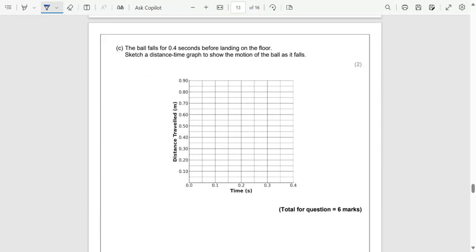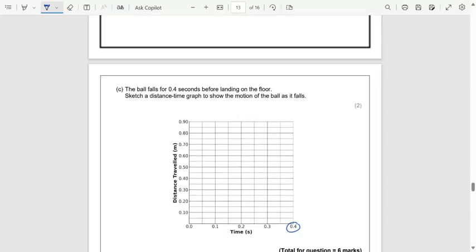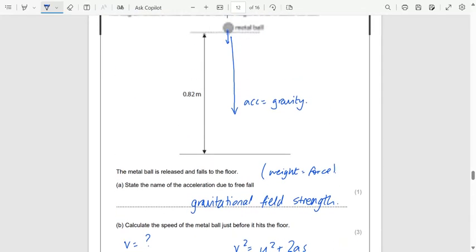The ball falls for 0.4 seconds before landing on the floor. Sketch a distance time graph to show the motion of the ball as it falls. So it takes 0.4 seconds to land. So my line is going to end here somewhere, okay, on the 0.4. And I look at the distance travelled. Now, let me remind myself the distance it travels.